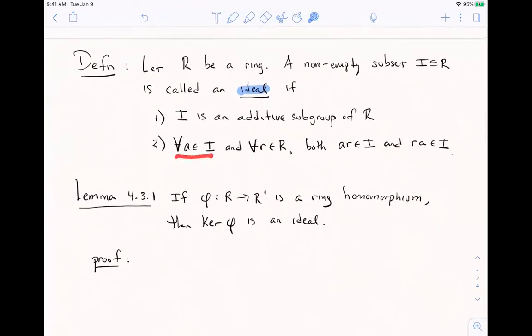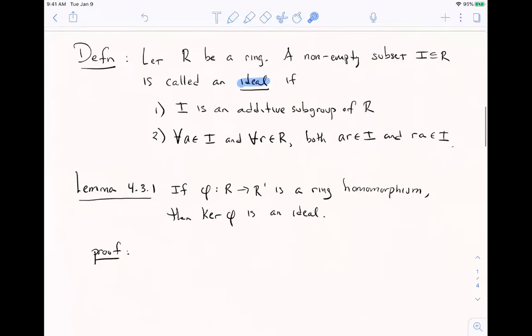For any element in this subset and for any element in the ring, this second element does not have to come from the subset, we require both A times R and R times A to be in the subset. So this is like a closure property, but again, only one of the two elements has to come from I. The other element can be arbitrary. So you pick an element of I and an element in the ring, and those products are in I, then you call I an ideal.